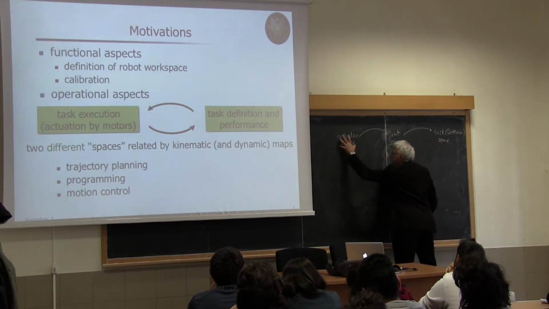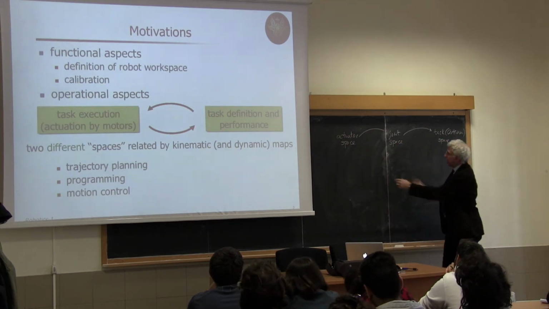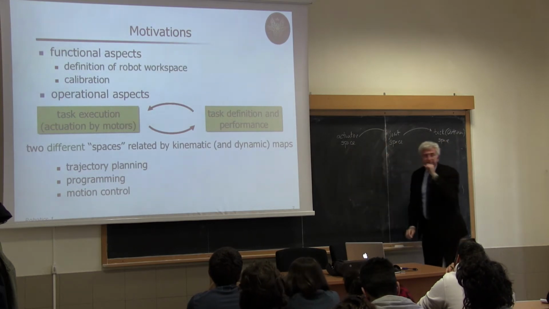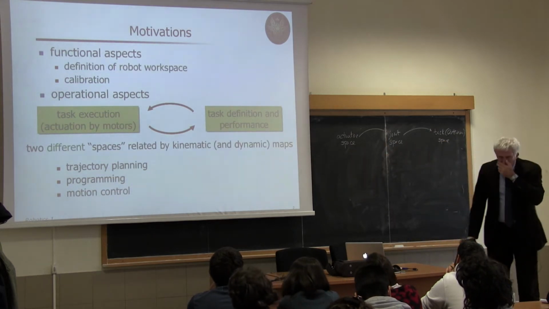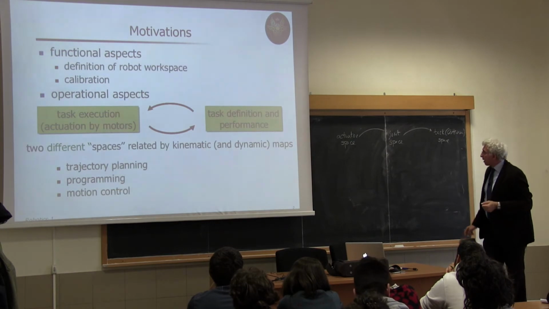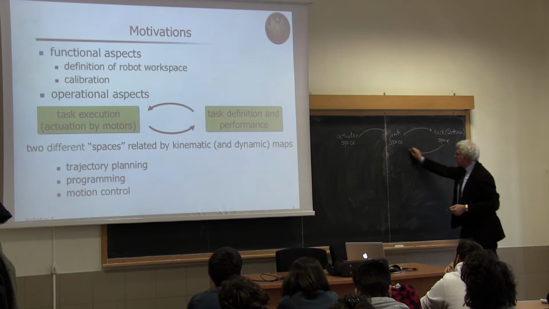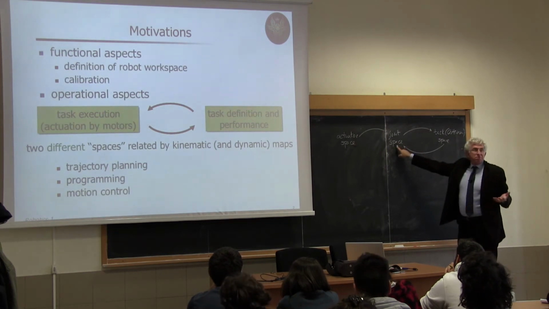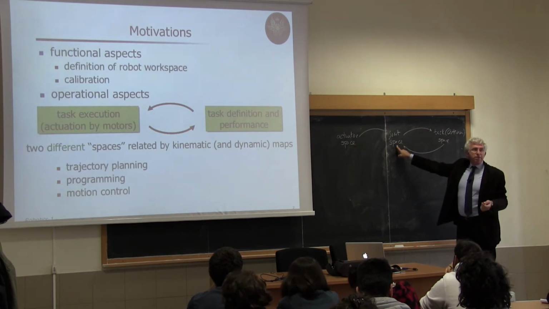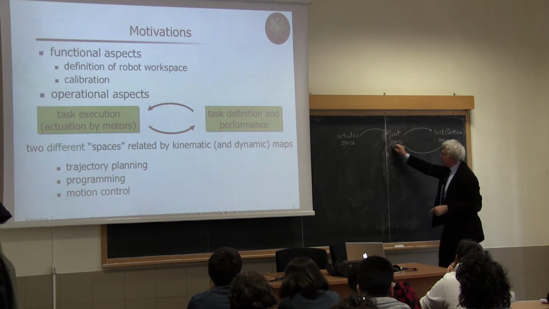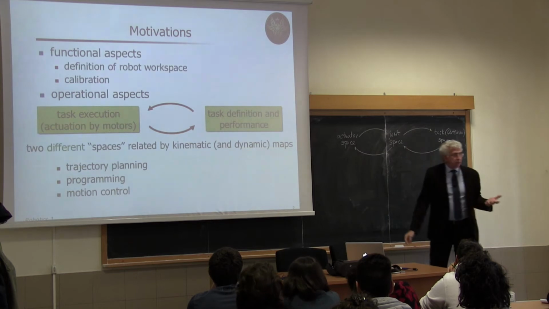So I have the third space here, which in that slide is practically merged together. So again, you define the task here. In order to realize it, you would like to have some geometric or timed motion of the joints. In order to realize this, you have to command the actuators in a proper way.